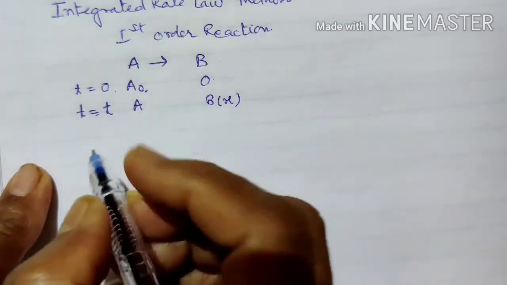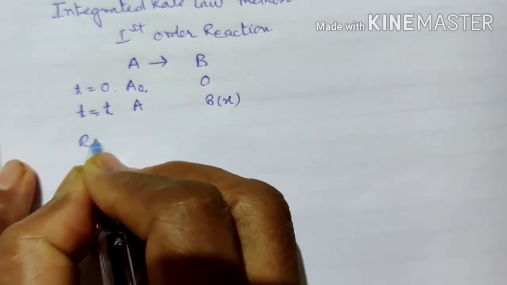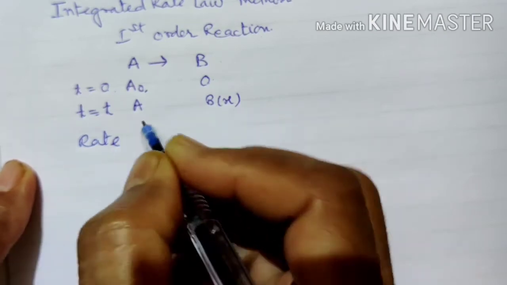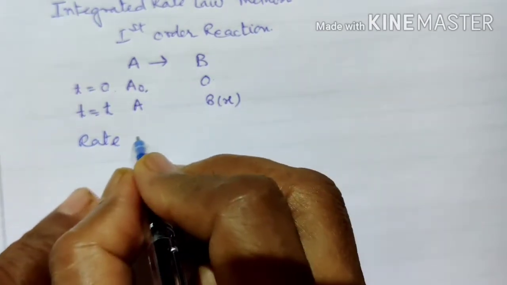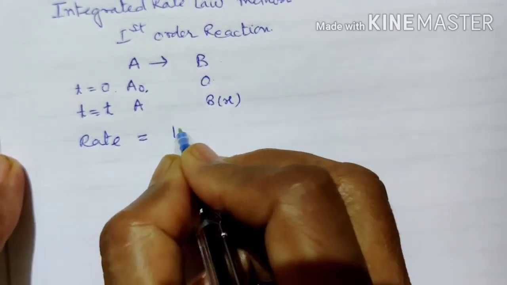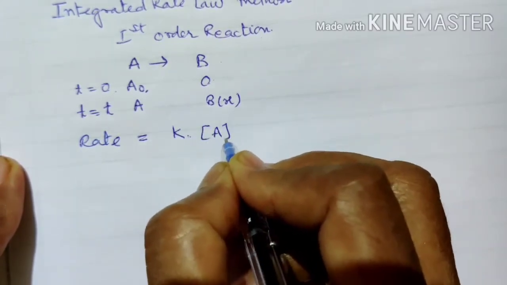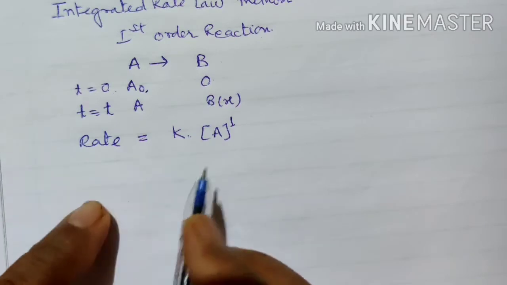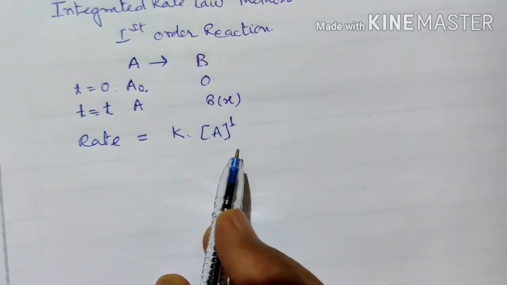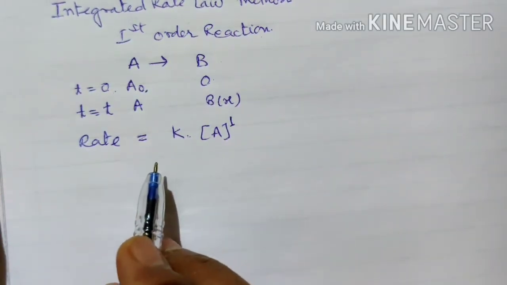Now first we write the rate. The rate of the reaction, for a first order reaction, is equal to K into A raised to the power 1. A is the concentration after time t, because we have to write the rate.